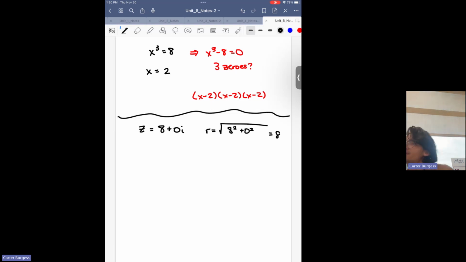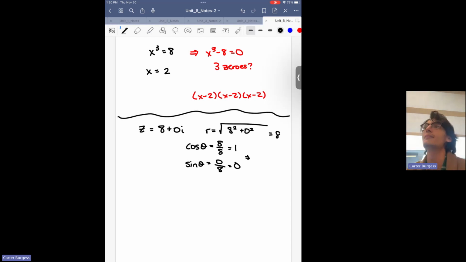And then what equations can I set up in order to figure out theta? Perfect. So what is the value of theta? That is giving me an x value of 1 and a y value of 0 on the unit circle. I like that answer. We're going to come back to that.